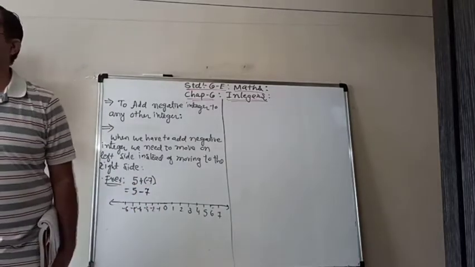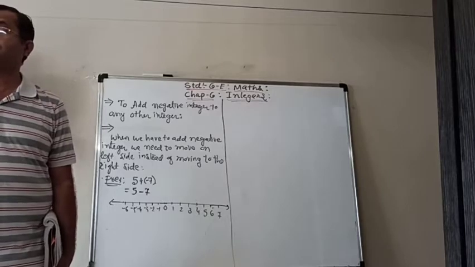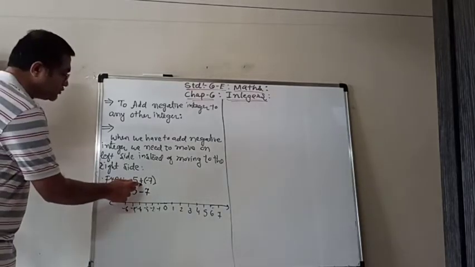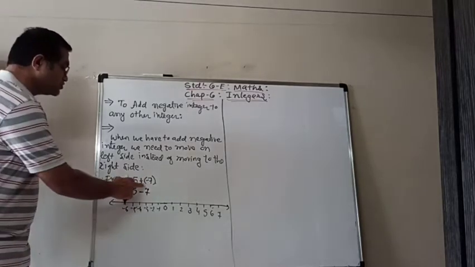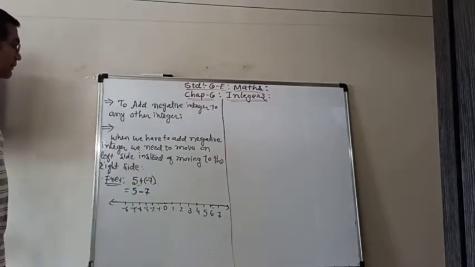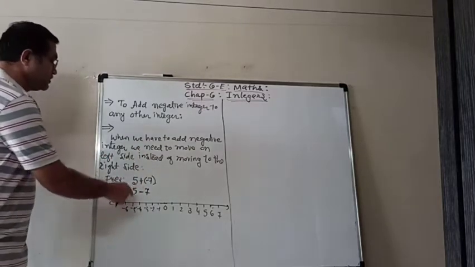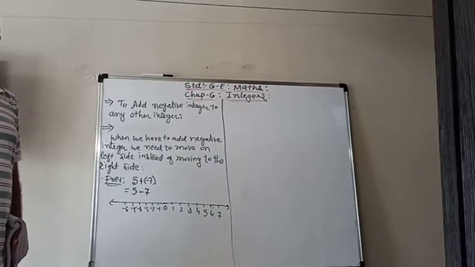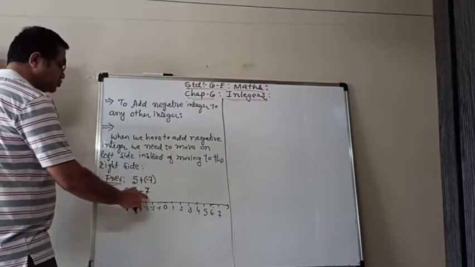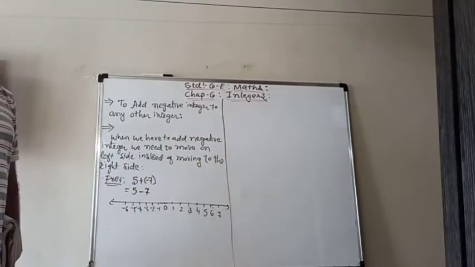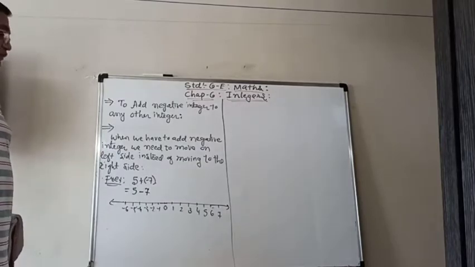So here we have to subtract actually. It looks like here we have to add, but because of the negative sign of the other integer, it is subtraction. So when there are two signs together, you have to be very, very careful.